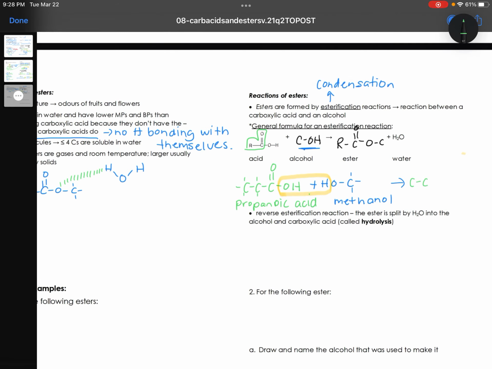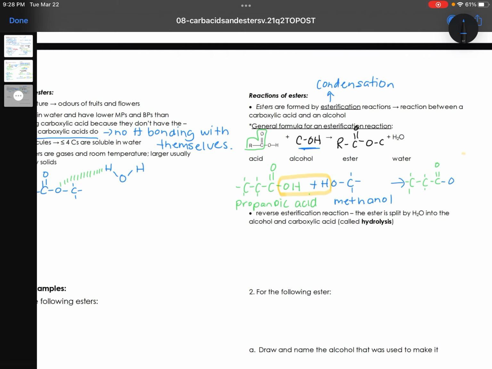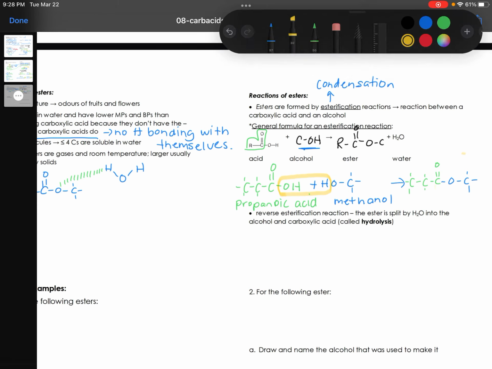So when you drop the OH, I guess you could think of it, this carbon here on the end with the C double bond O is missing a bond. Okay, let's put the O there then. Oh, look, we made an ester.